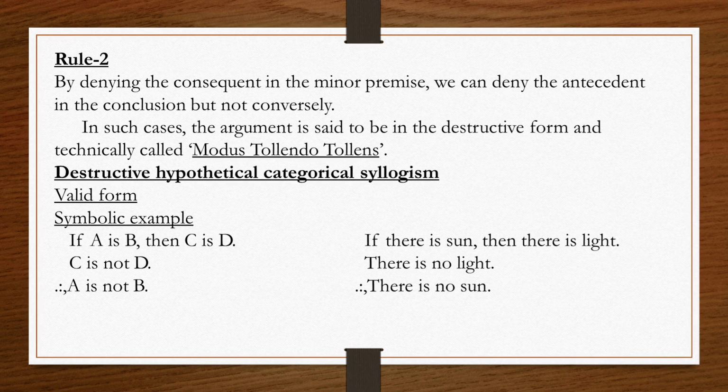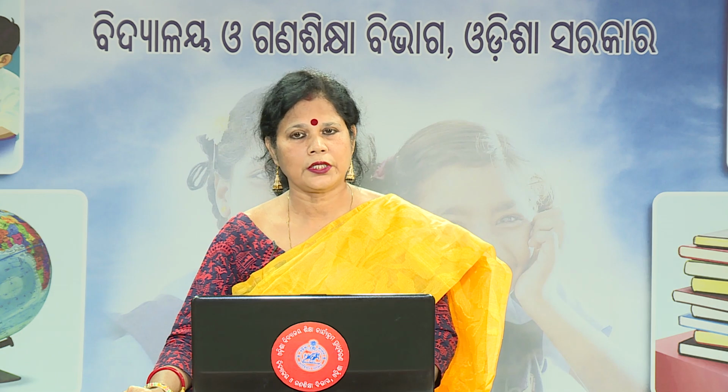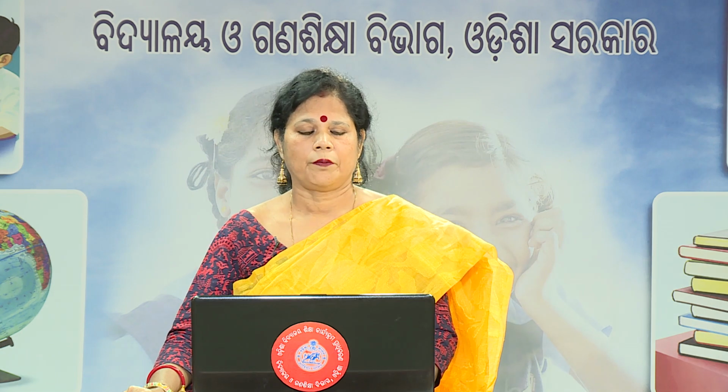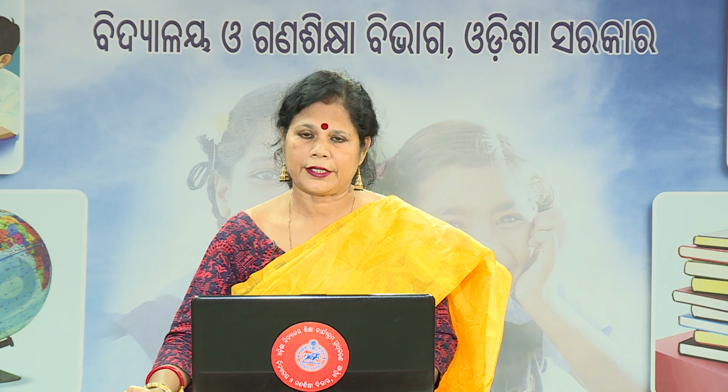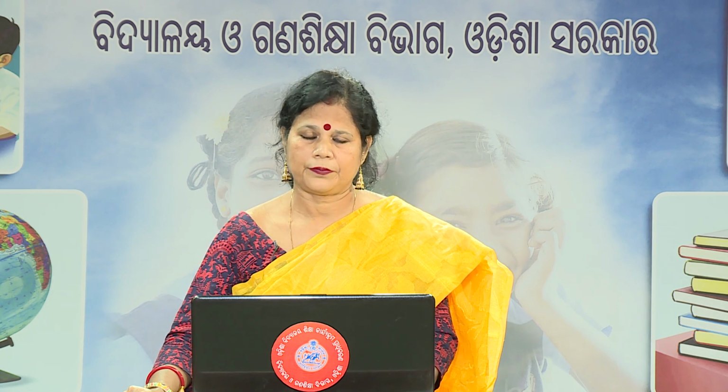Then in the conclusion we have to deny the antecedent. So, in the conclusion we will say, therefore A is not B. So, here what did we do? By denying the consequent we denied the antecedent.